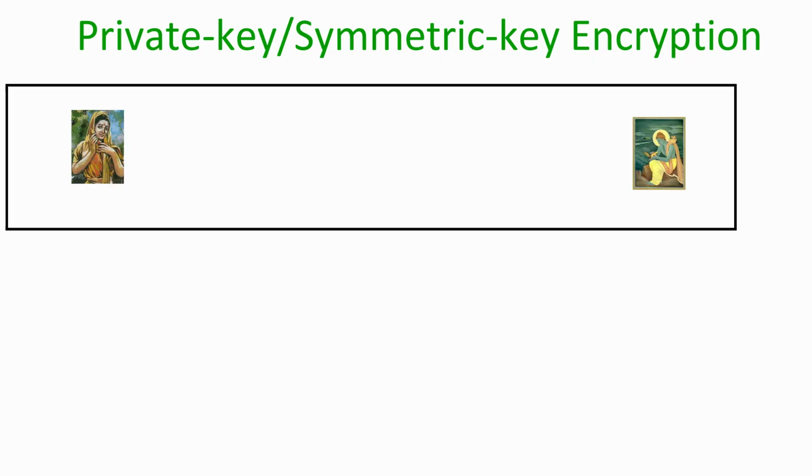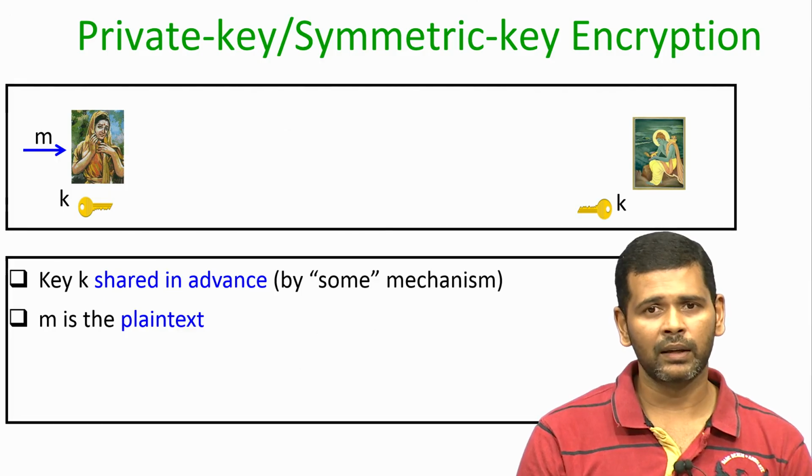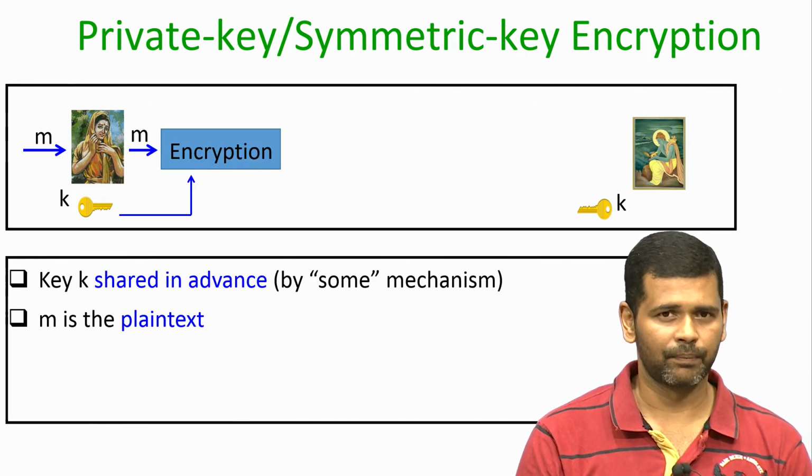On a very high level, the goal is the following. The setting is as follows: we have a sender and a receiver, and by some magical mechanism we assume that a random key has been agreed upon between them. I denote the key as k, which is going to be a bit string. Now, the sender is interested in sending some message m, which is again a bit string, and in cryptographic jargon we call this string m the plain text.